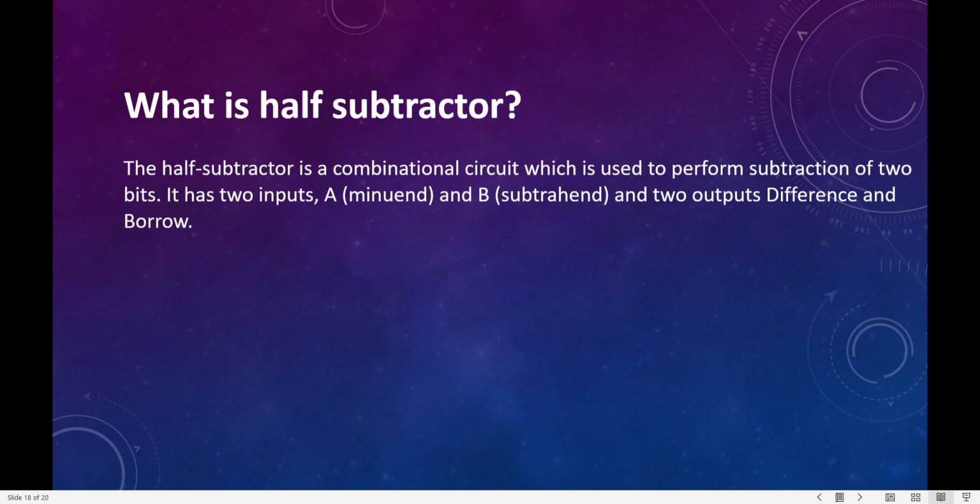It means when two binary numbers are subtracted, you use the half subtractor. It has two inputs and generates two outputs, borrow and difference. Since it has two inputs, four conditions are available, because 2 to the power 2 equals 4.